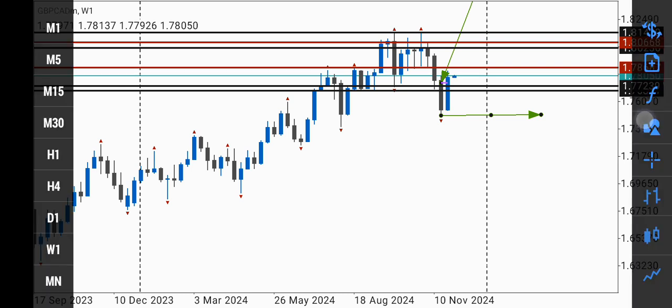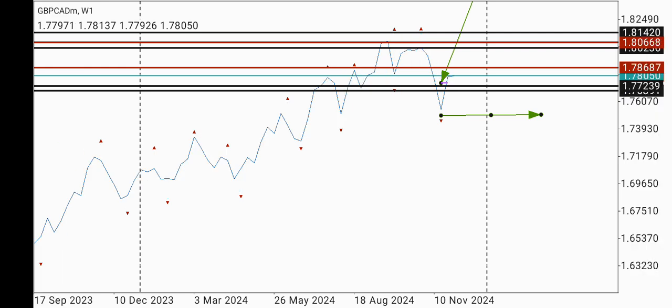So when you go to the weekly, you see that price followed the last pivot point. That's why I say if you're setting up your take profit, if you're swinging or doing something like intraday, price always respects these pivot points.